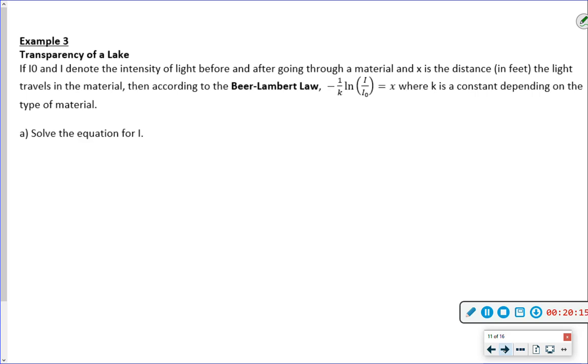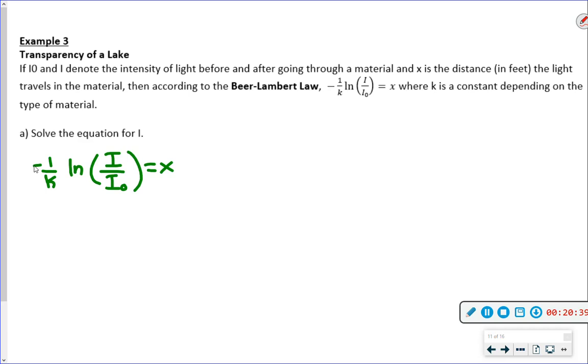So we are trying to get this I by itself. First, just so I have a little room to write, I'm going to rewrite this equation down here. Now, I, not I sub 0, is what we're solving for. So first thing I would do, I'm trying to get the I by itself. As always, like all these other equations, I want to have the ln alone.